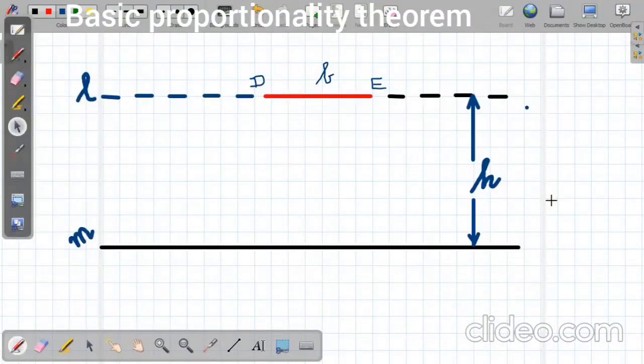Now let us study this example. There are two parallel lines, one is L and the other one is M, at a distance of H. Let DE be a line segment in one of the parallel lines, with width B. Now we make a lot of triangles using this DE as a base.